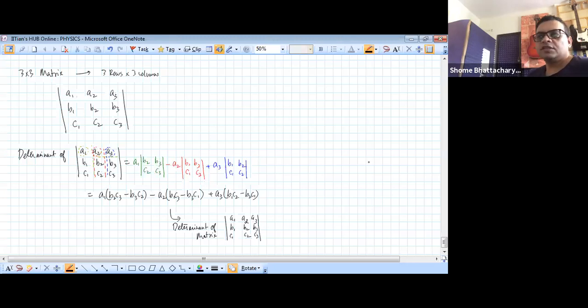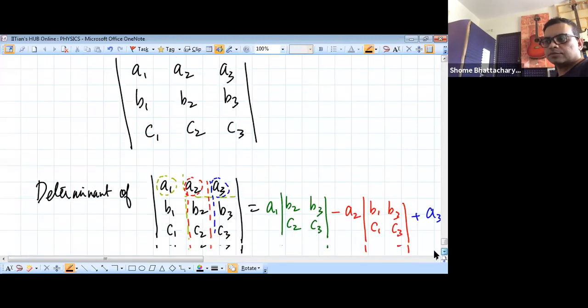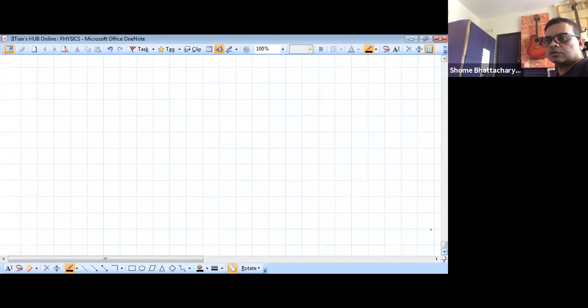Okay, so hope the formula is clear. So now let us see how we use this in vectors for cross product. So now coming back to cross product in component form.